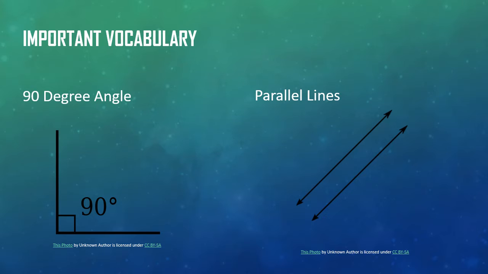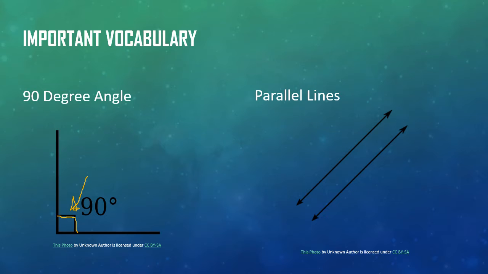So if you recall on Monday when we had our math lesson, when two lines came together, we used this symbol to show that 90-degree angle. We drew kind of like a little square in the corner of that angle, okay?